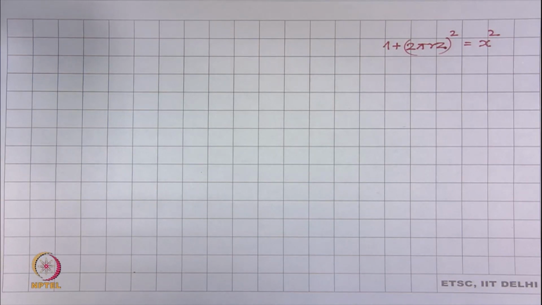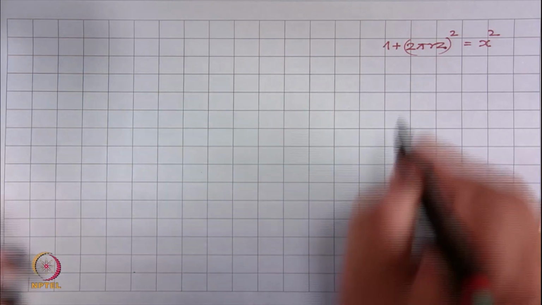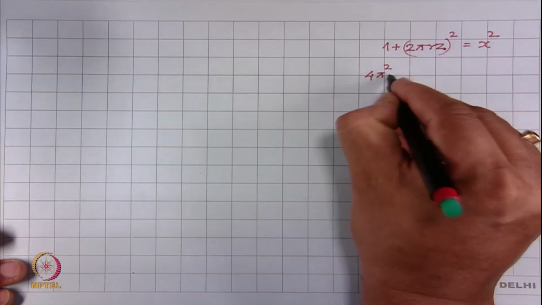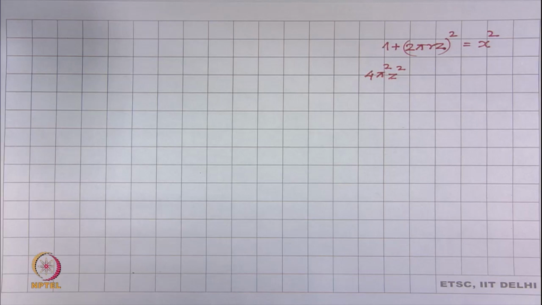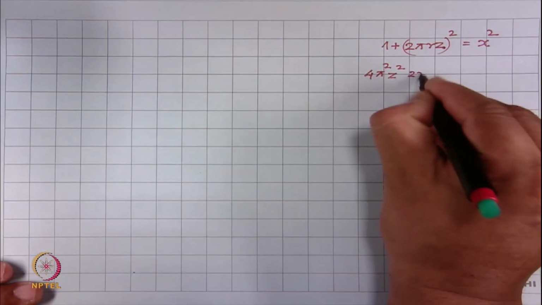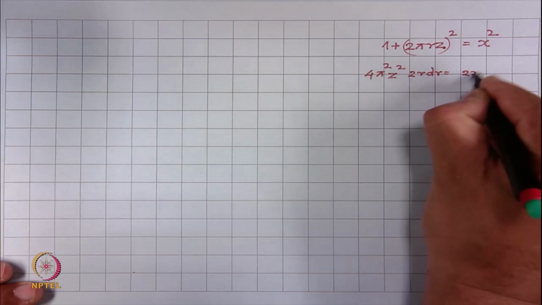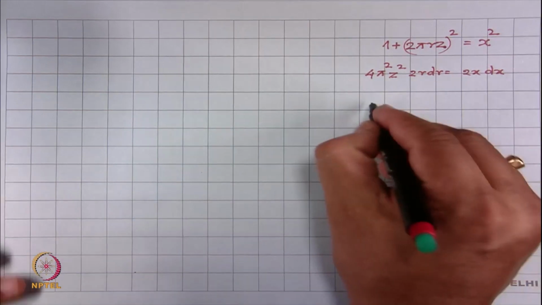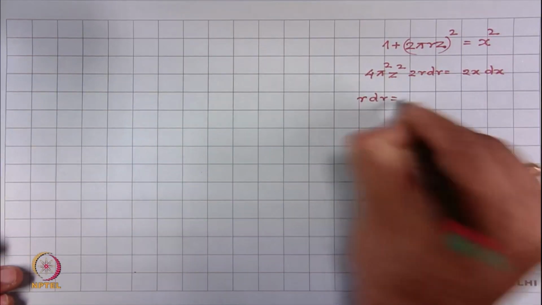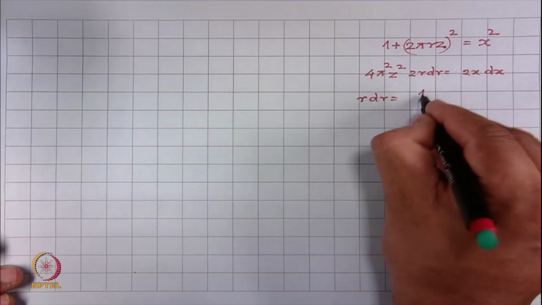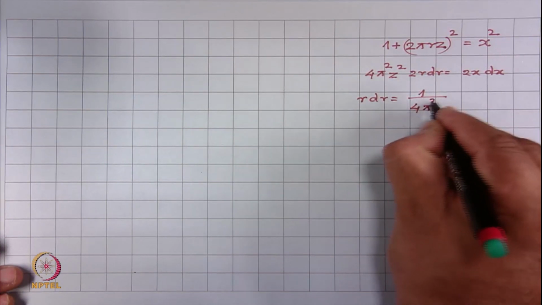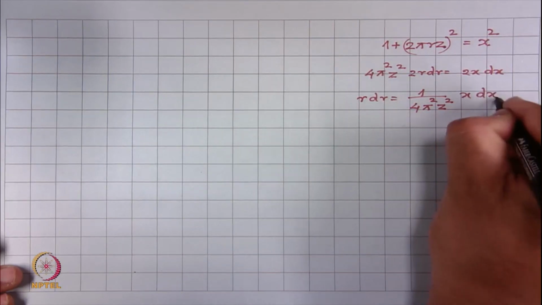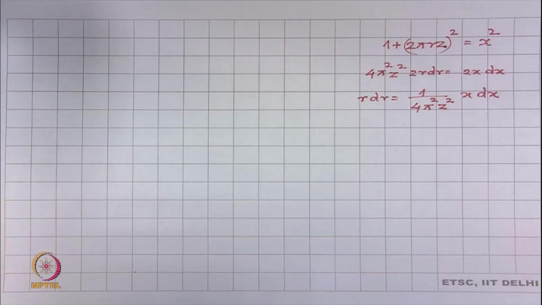Then r dr is equal to 1 by 4 pi square z square into x dx. This substitution we will consider.